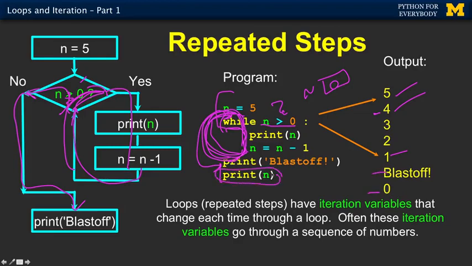And we see that when we came out of the loop, n was 0. That was the residual value of the variable n after the last iteration through the loop, because it was 1, and then we subtracted 1 from it, and that got us to 0.